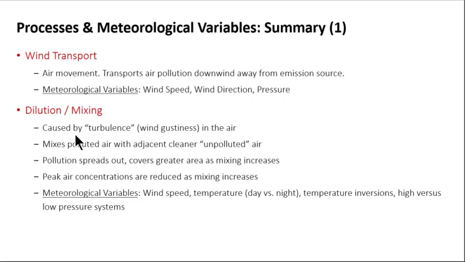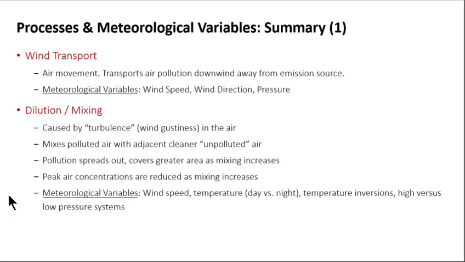Dilution and mixing is caused by turbulence and gustiness in the air. Dilution mixes polluted air with adjacent cleaner, unpolluted air. As a result, pollution spreads out and covers greater area as mixing increases. However, peak air concentrations at the center of pollution plumes are reduced because pollution gets mixed with cleaner air away from the plume center.